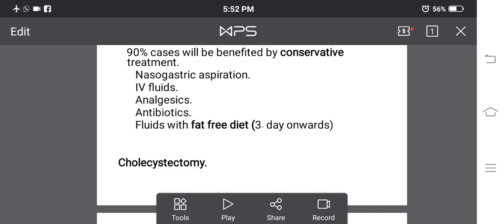And 2 marks questions like silent gallstones, Boas sign and Saint's triad, or composition of mixed stones or pigment stones. Then the etiological factors of pigment stone. This 2 marks question can be asked.